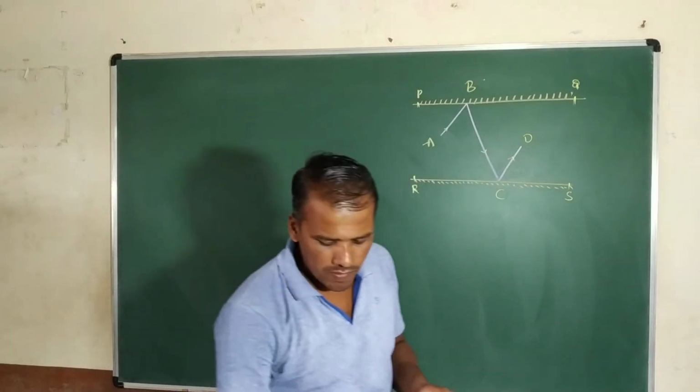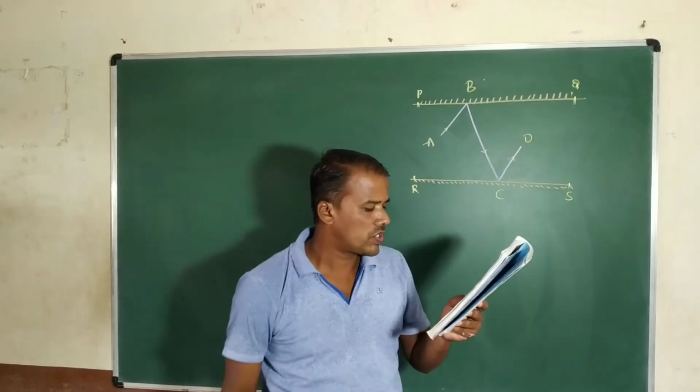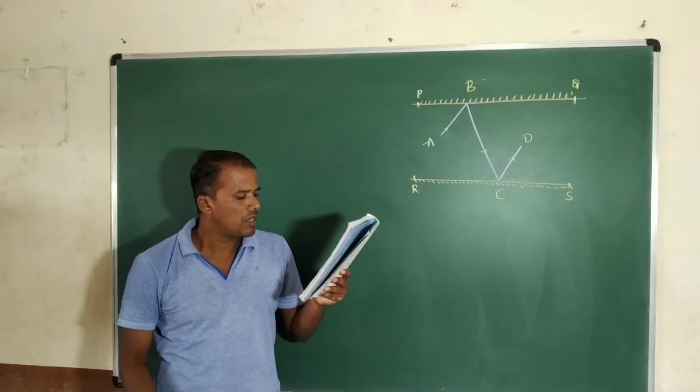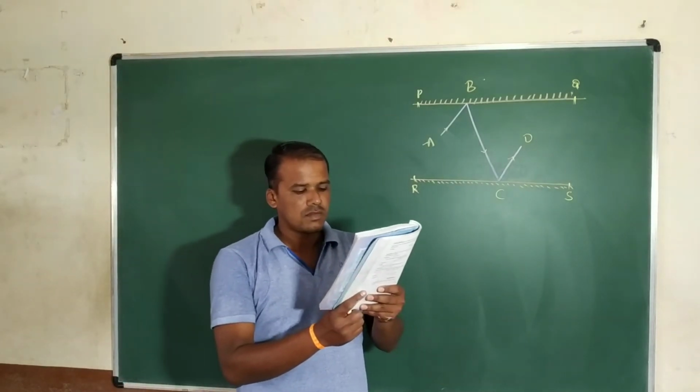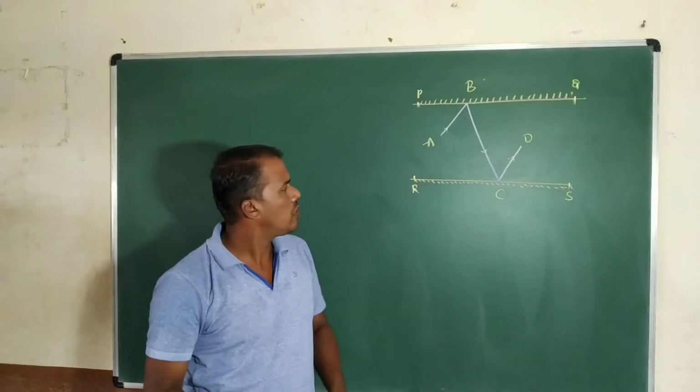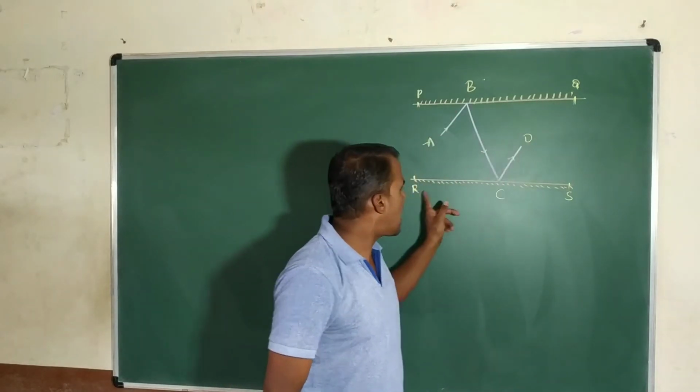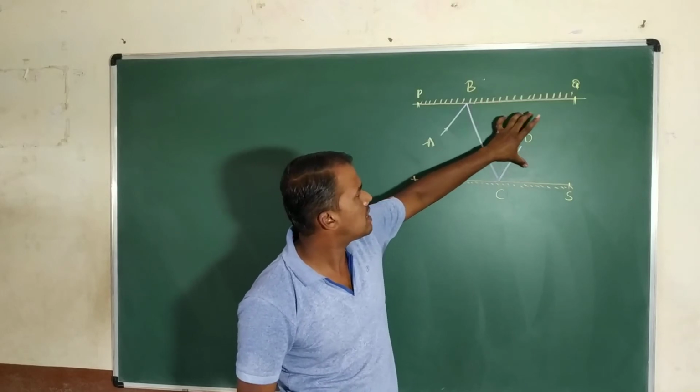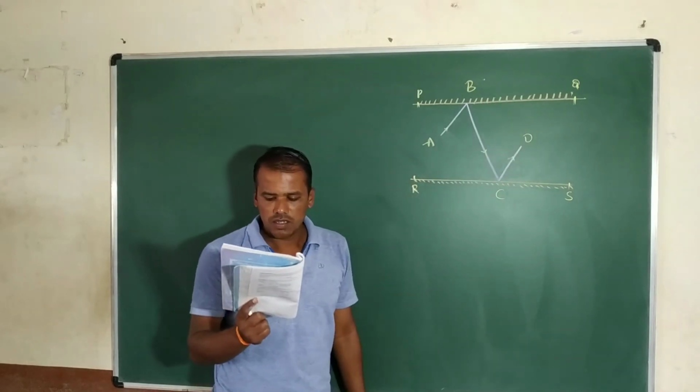Now I will explain the question. In figure 3.33, PQ and RS are two mirrors placed parallel to each other.